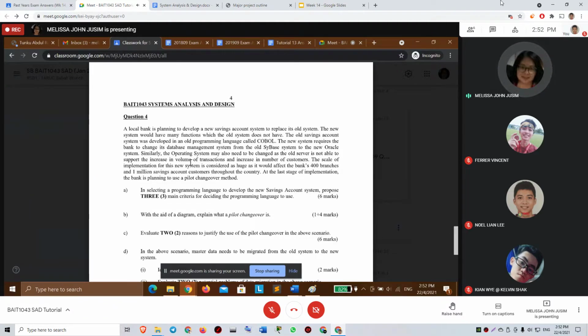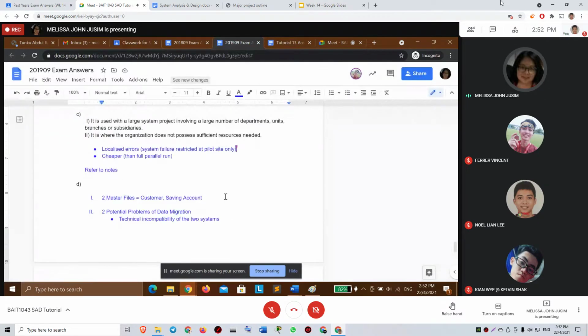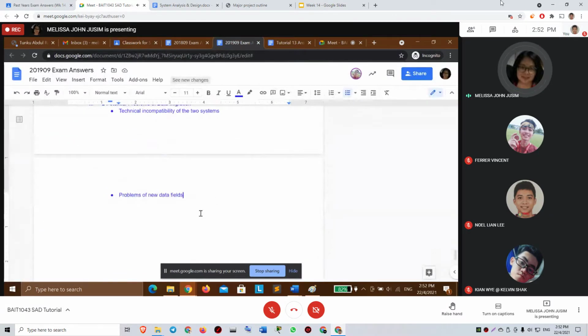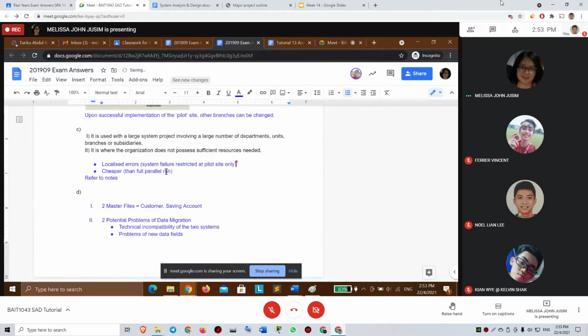Okay, next is what are the two potential problems of data migration? So this one again, you can refer to your notes.